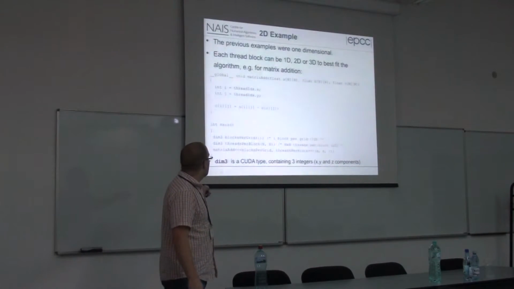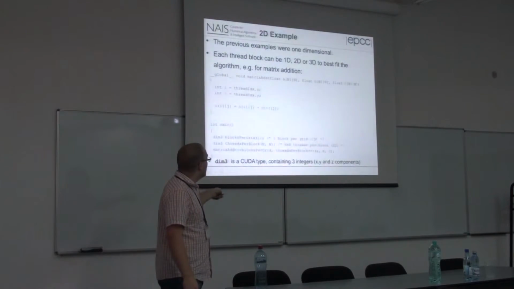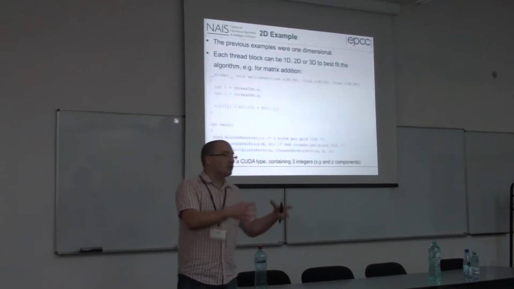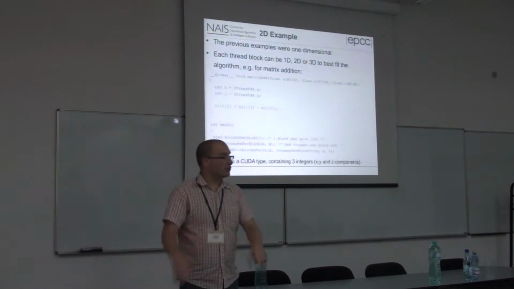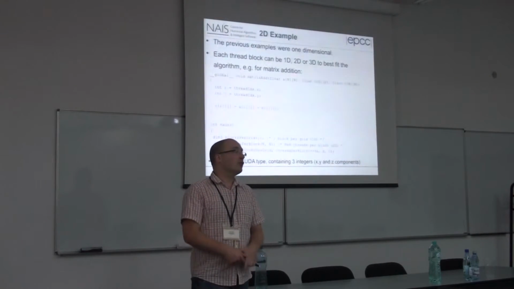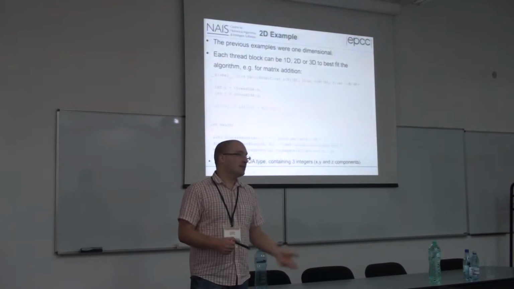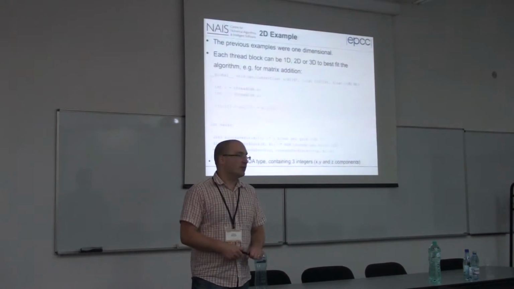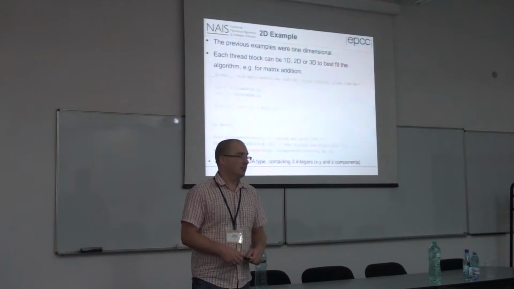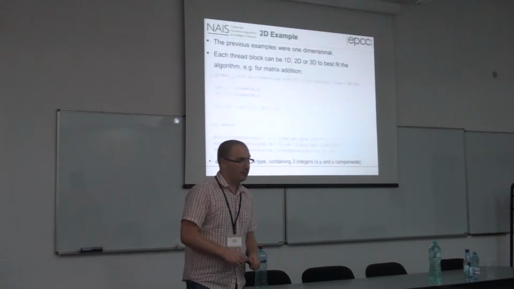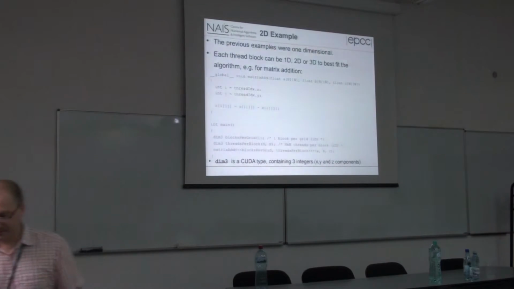CUDA has a dim3 type, which contains X, Y, and Z components, and it lets you map your data structure directly to a grid and block structure on the GPU. Of course, if you have a data structure with more than 3 dimensions, you're going to have to handle this a little more cleverly yourself.